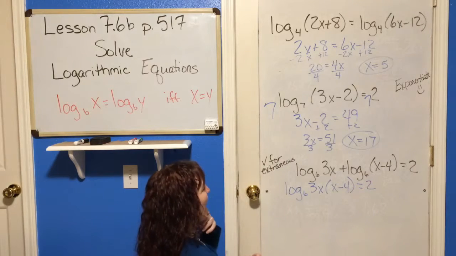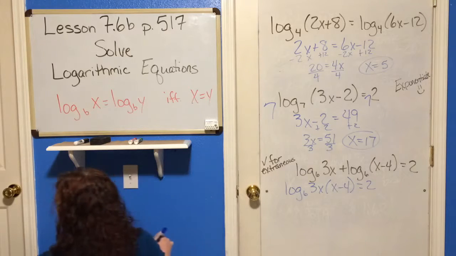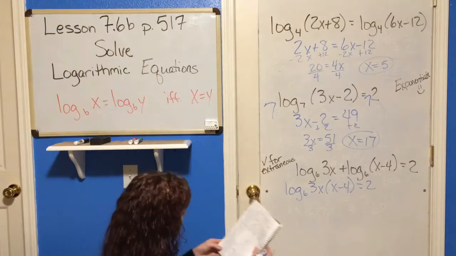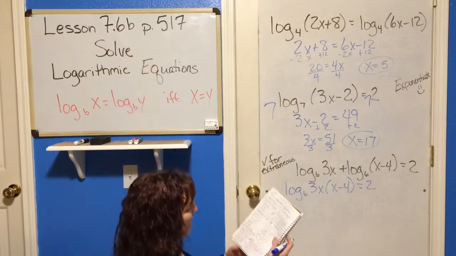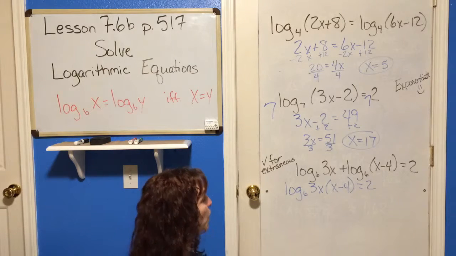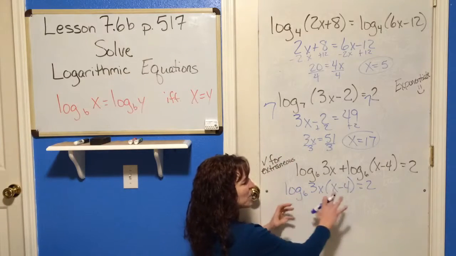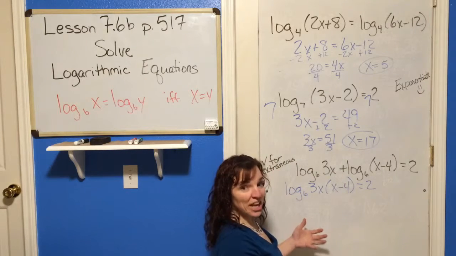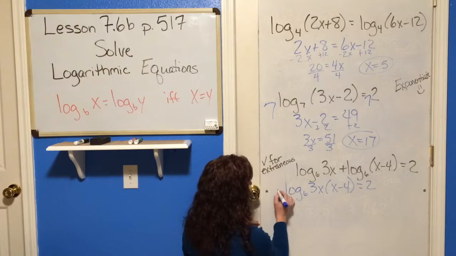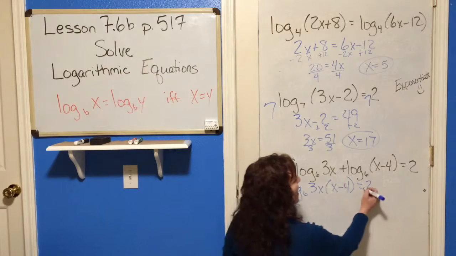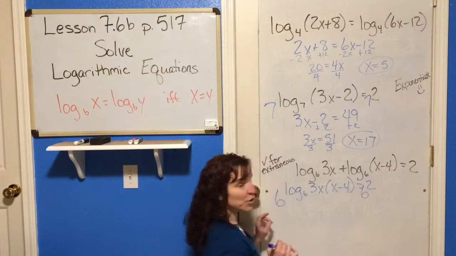Okay, and then I believe what we would like to do now is just what we did before. So now we've got a log on one side and not on the other. So let's exponentiate and get rid of that log. We're going to exponentiate this log, and so we have to exponentiate the other side.